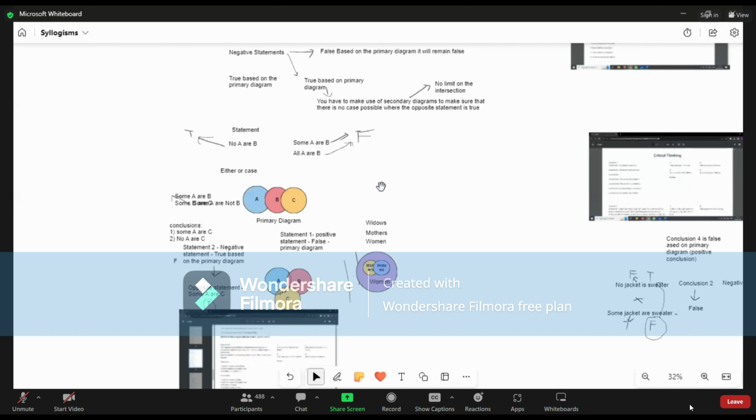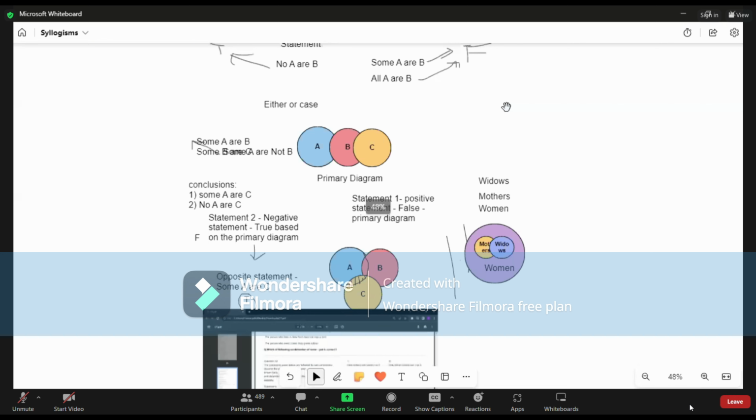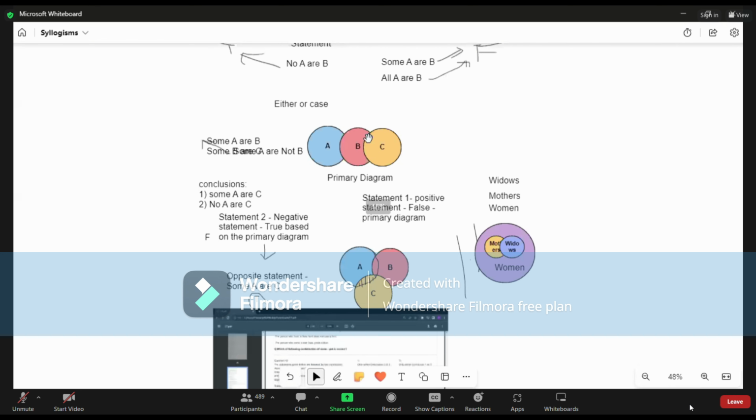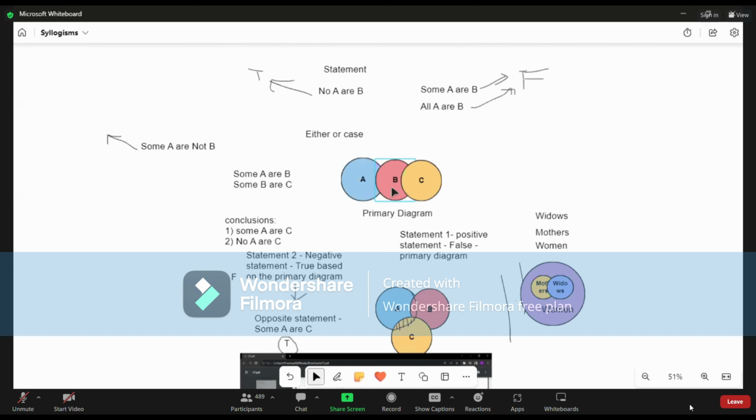Okay, this is the either-or case. Some ARB and some BRC is the initial statement that is there. So A, B, C, this is what is going to be the primary diagram that we are going to have at the start. So what is statement one? It says some ARC. It is a positive statement.